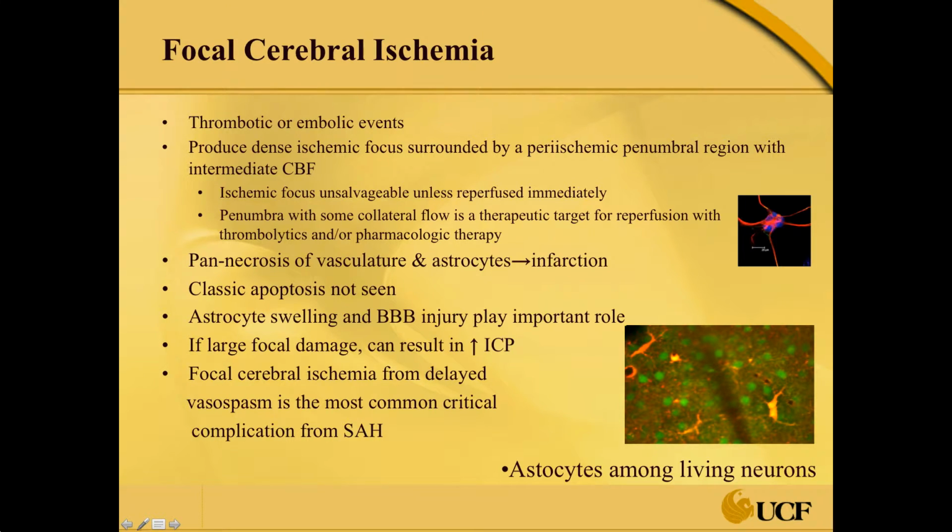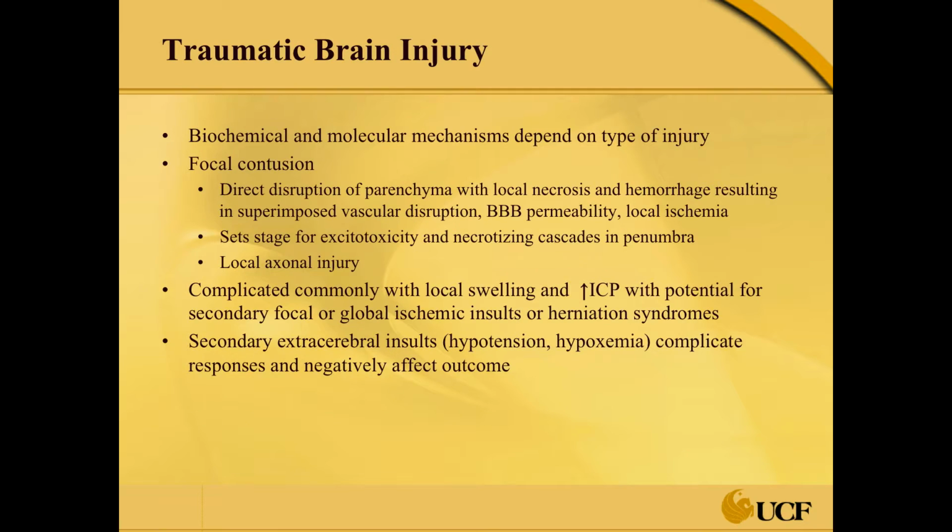And that vasospasm obviously cuts off flow to the brain tissue, resulting in ischemia, resulting in necrosis, right? So that's an unbelievably terrible consequence of SAH that can be a leading cause of death, and certainly cerebral ischemia.